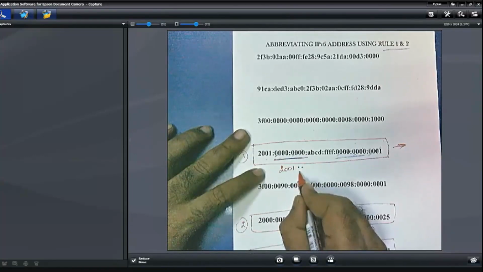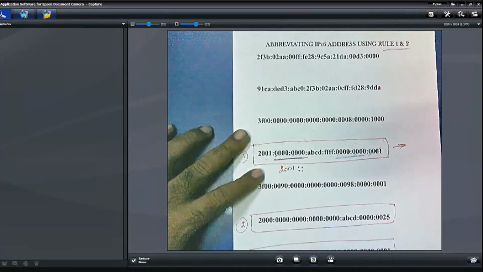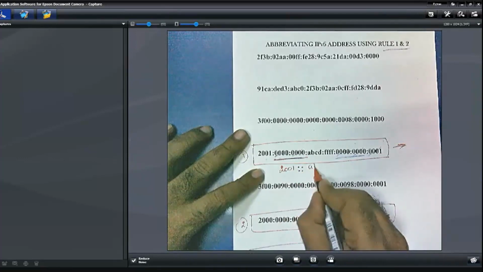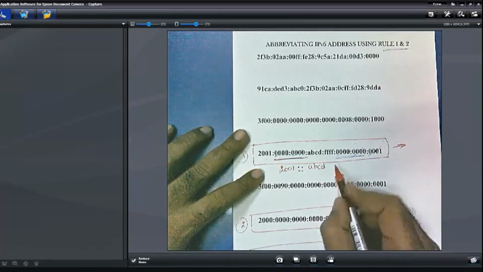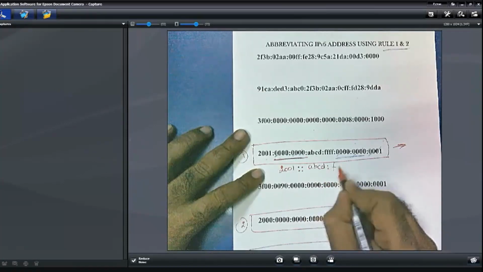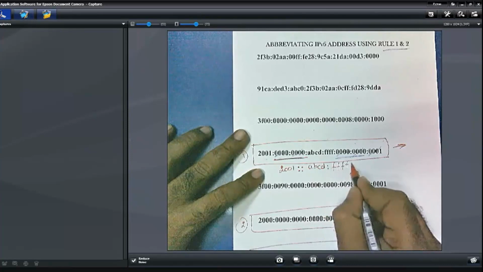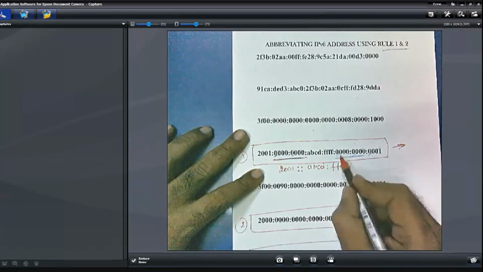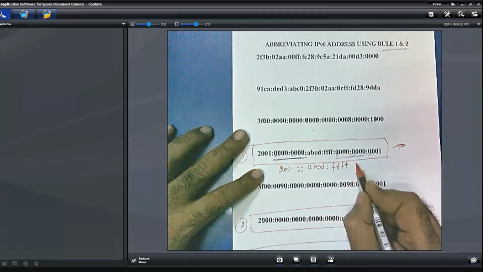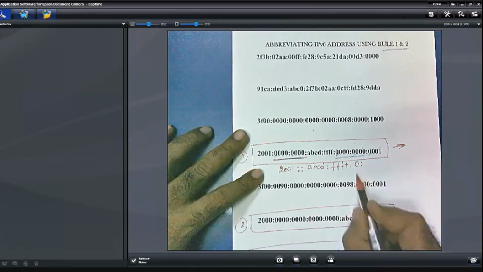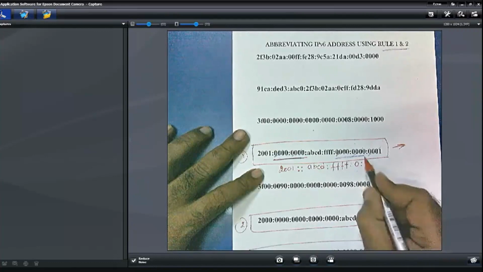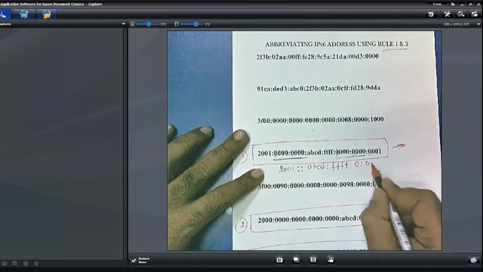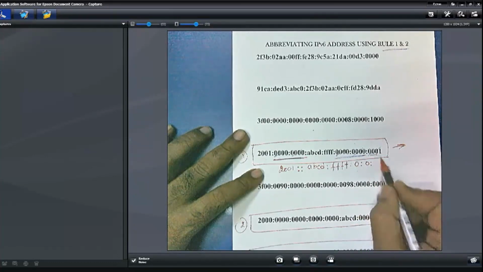So I put double colon here. Then, listen, don't write it in the comment box, please listen. A, B, C, D. Then colon, F. Then here I remove 3 zeros. 0 should be there. I'm seeing some students, you are not writing this 0. Wrong. Then here 1 0. Then this is 3 leading zeros and 1.